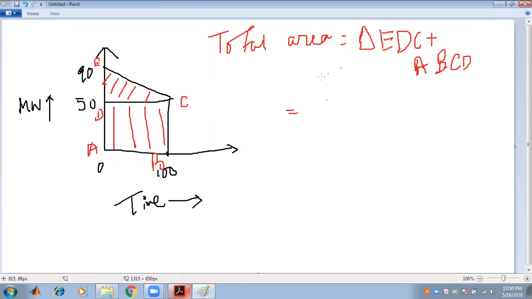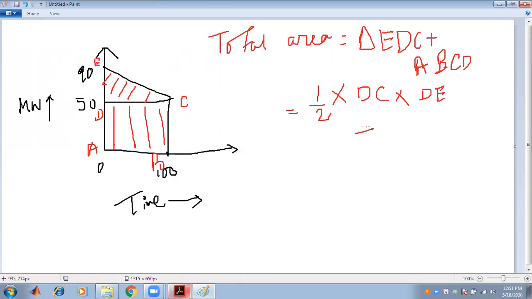So what is the area of the triangle EDC? Half into base. Base means 0 to 100, this part, DC. So half DC into DE, the height.